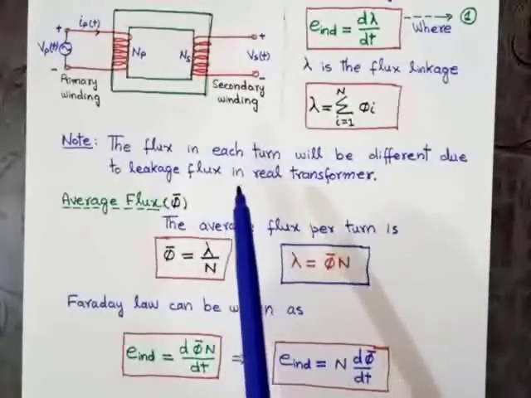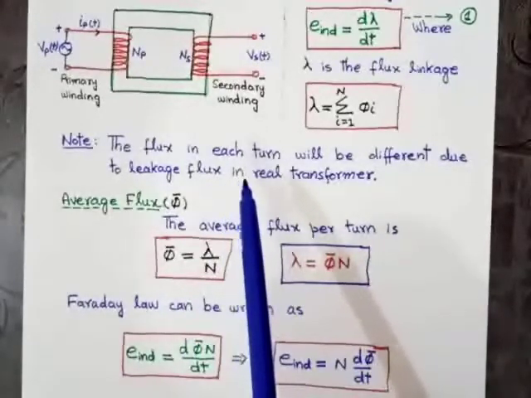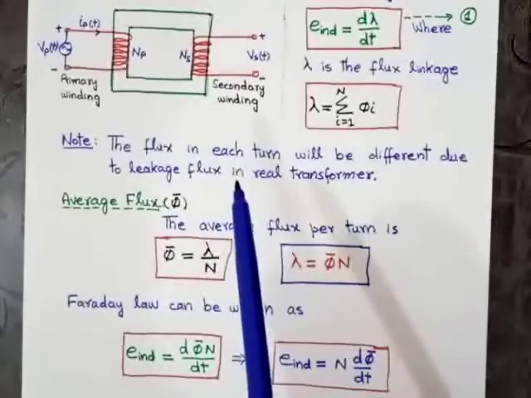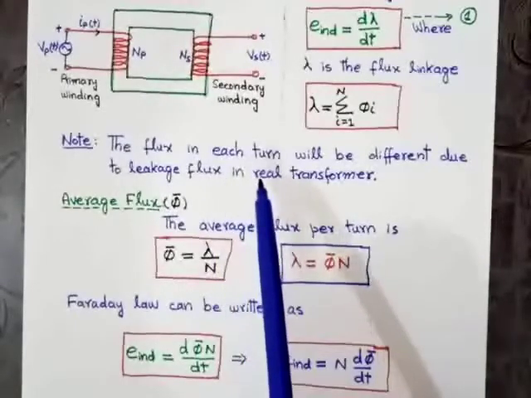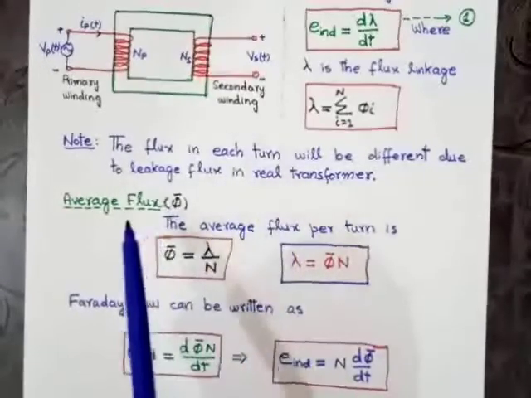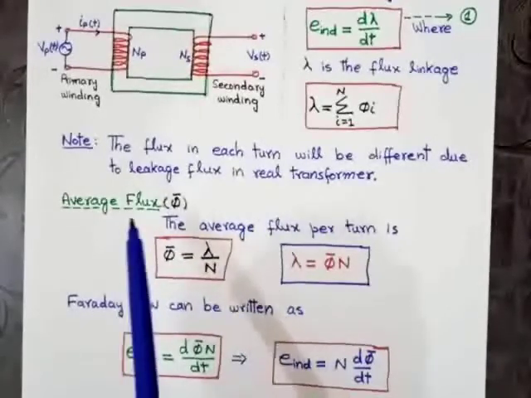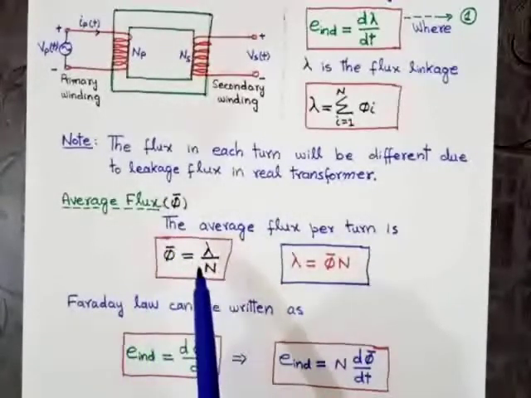If there are 10,000 turns, then it is very difficult to calculate the flux in each turn. Therefore, we measure the average flux per turn by using this formula.